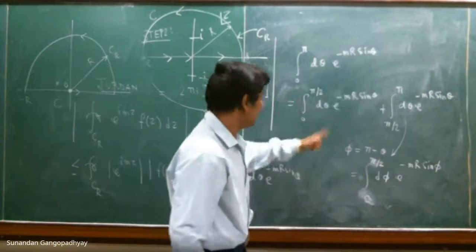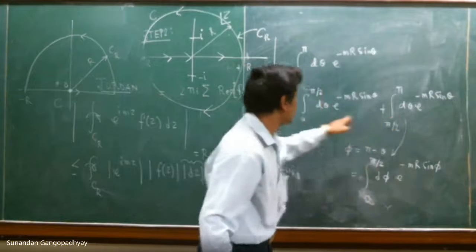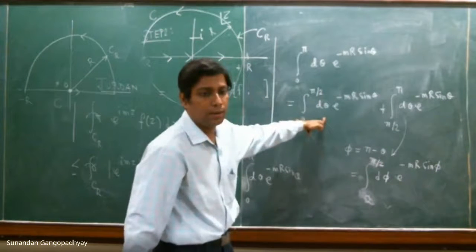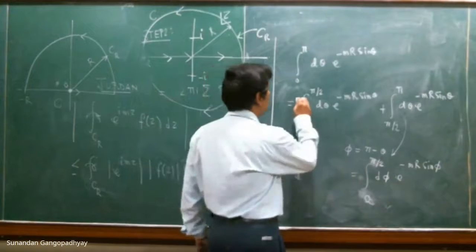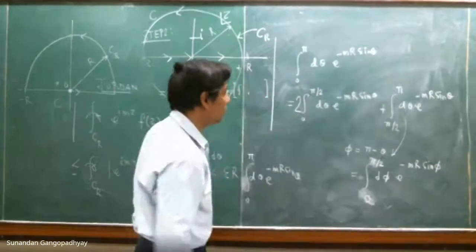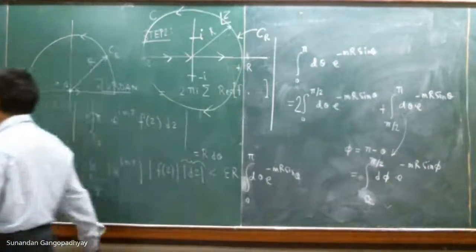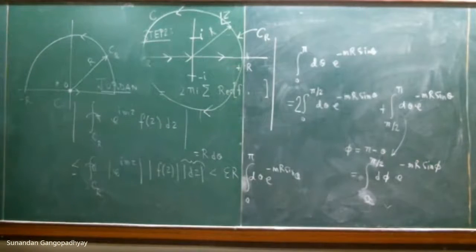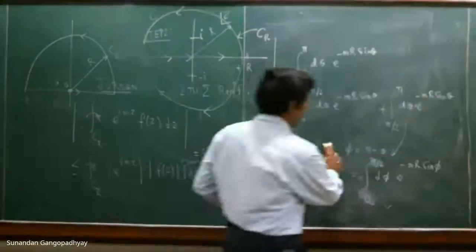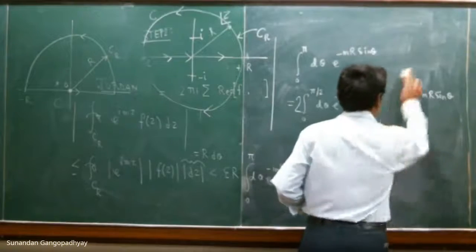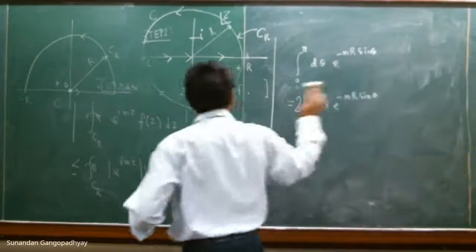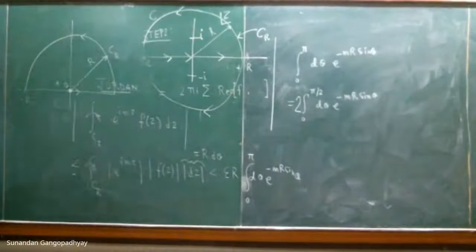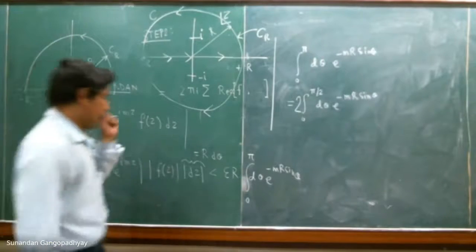So you can see that this integral, the second integral, is the same as the first integral. Therefore, it just gives you 0 to pi by 2, and you can just add the two contributions up. This becomes twice of integral 0 to pi by 2 of this.